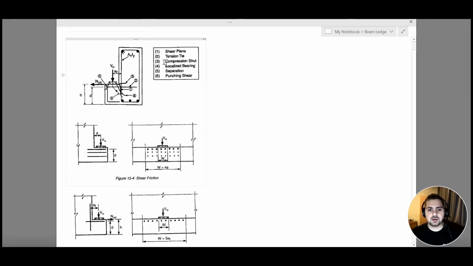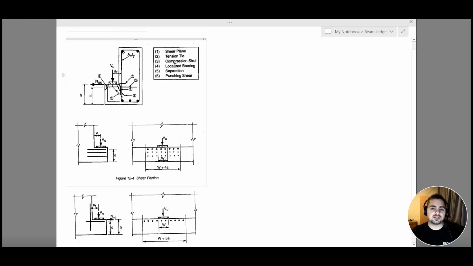Now third, we have our compression strut. Our compression strut is due to the reaction of my concrete on the shear force that is being applied. This reaction might cause my concrete to break. We do not want that to happen, so we depend on my f'c or my beam ledge thickness, and try to increase it in order to avoid compression strut.